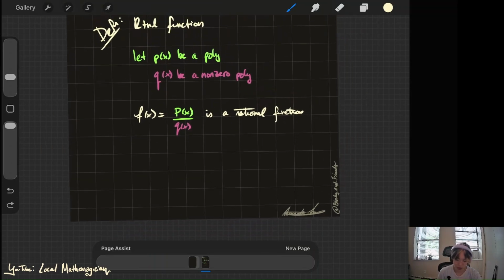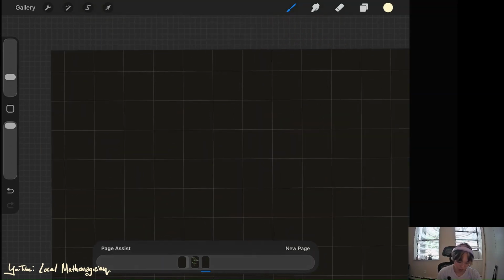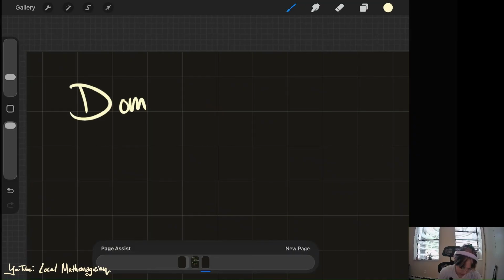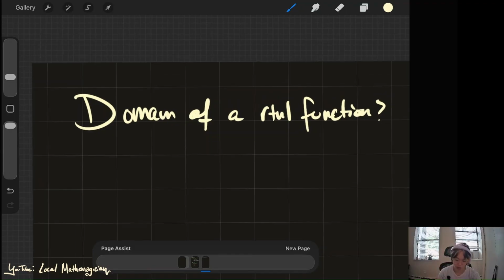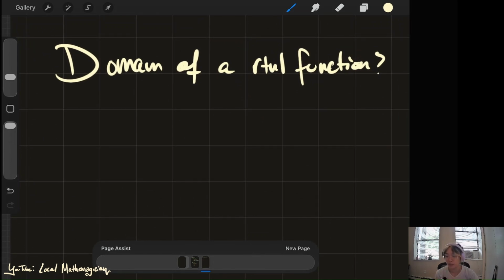Now the next question is, what is the domain of a rational function? Actually, let's back it up and just look at f of x equals 1 over x. What values can x equal such that f of x spits out a legit answer?